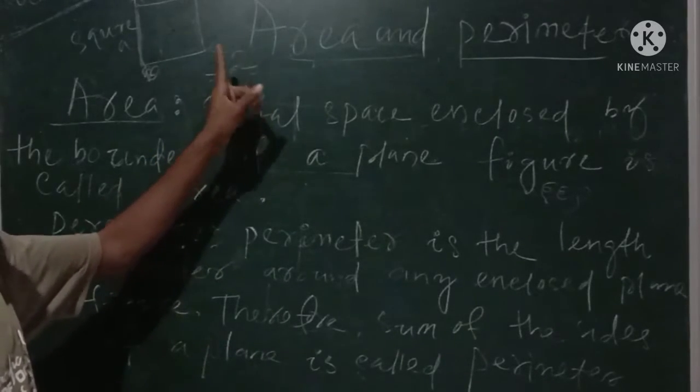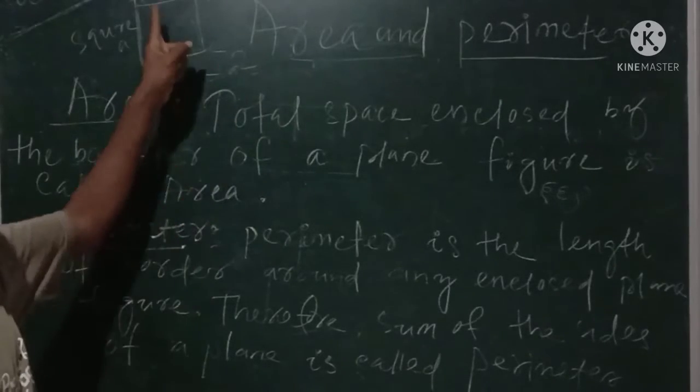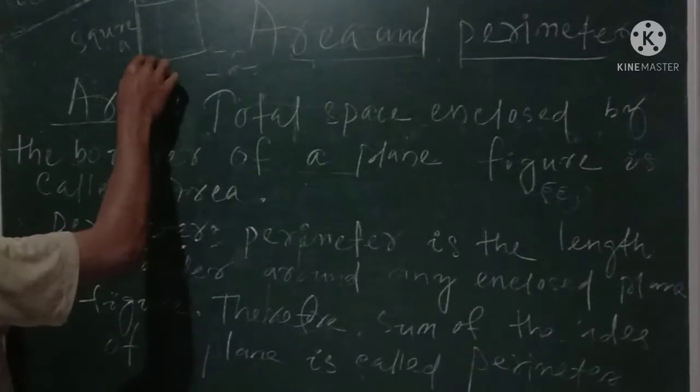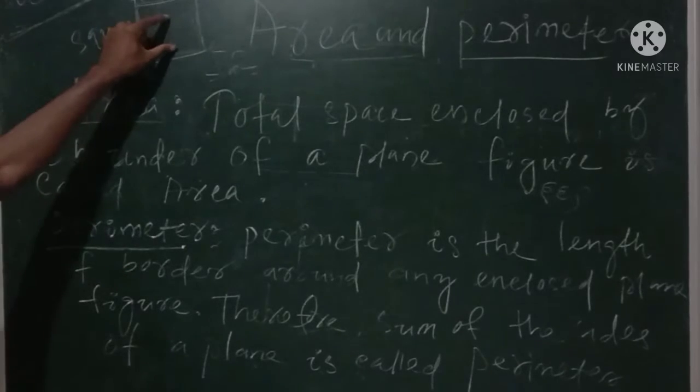This is the area of the square. So total space means the space in which a figure is enclosed by the boundary.